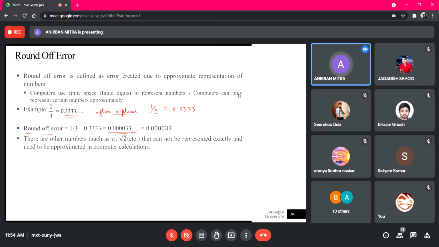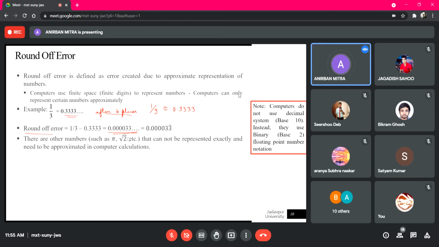There are also other numbers such as pi, e, √2 or √7. These sort of numbers cannot be represented exactly. Hence, there is a need for approximation in computer calculations, and these approximations give rise to the round-off error.